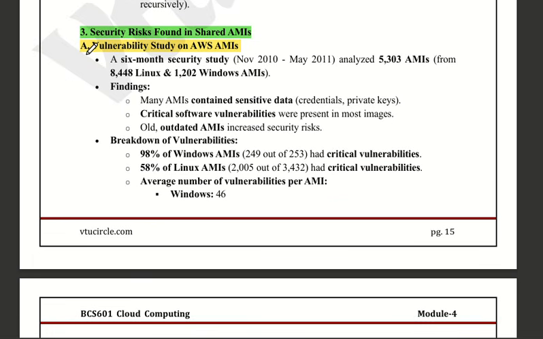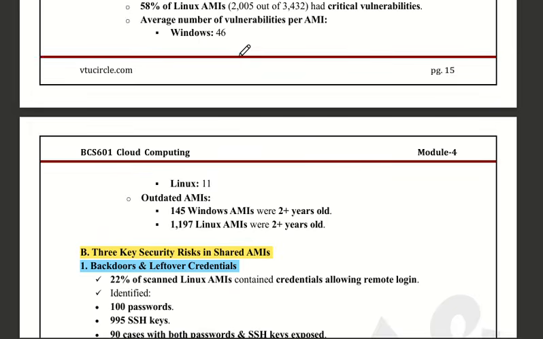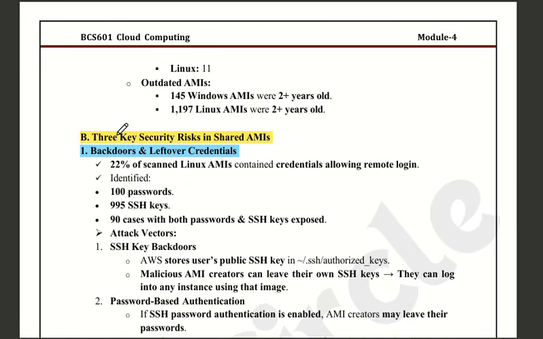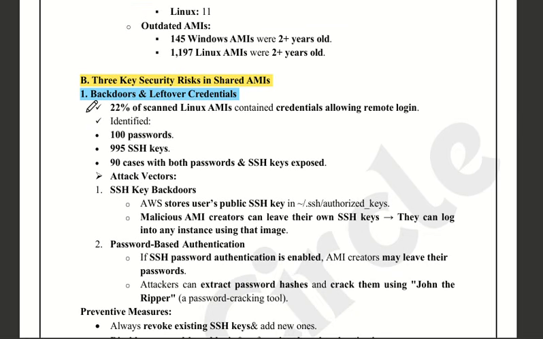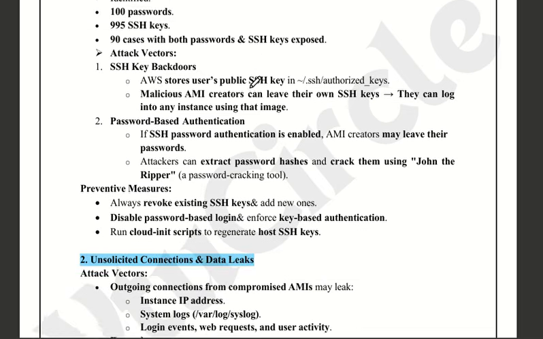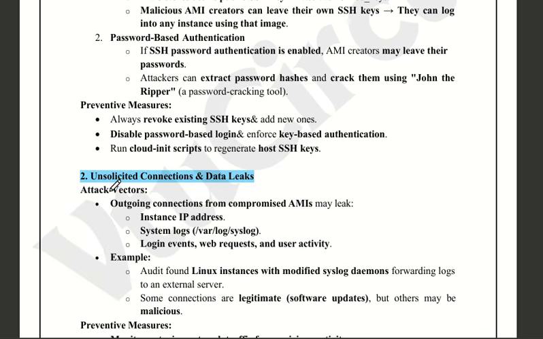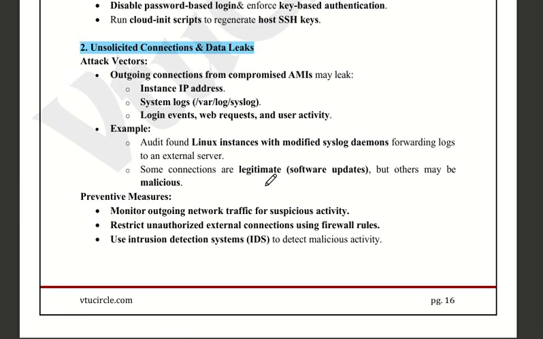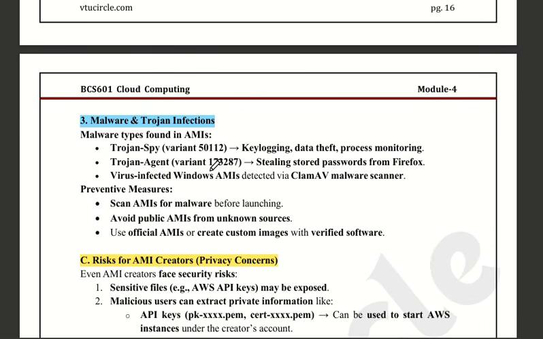Here again, the security risks found. First, the vulnerability study on AWS AMIs. Second, three key security risks in shared AMIs: backdoors and leftover credentials, unsolicited connections and data leaks, and malware and Trojan infections.